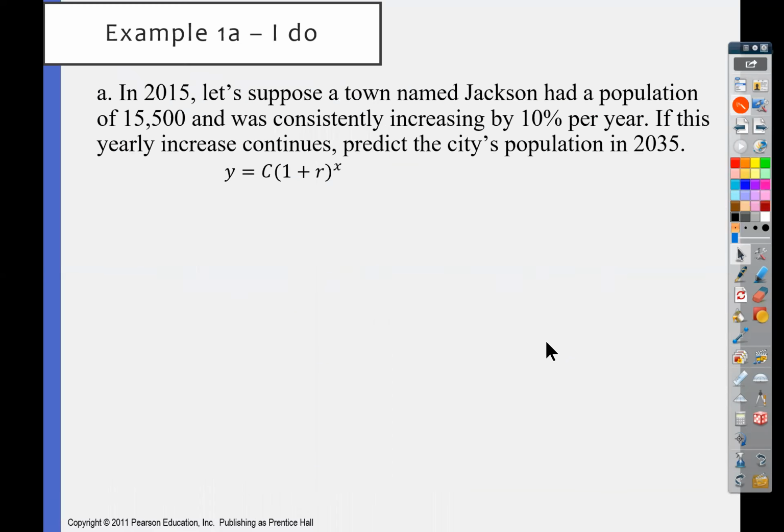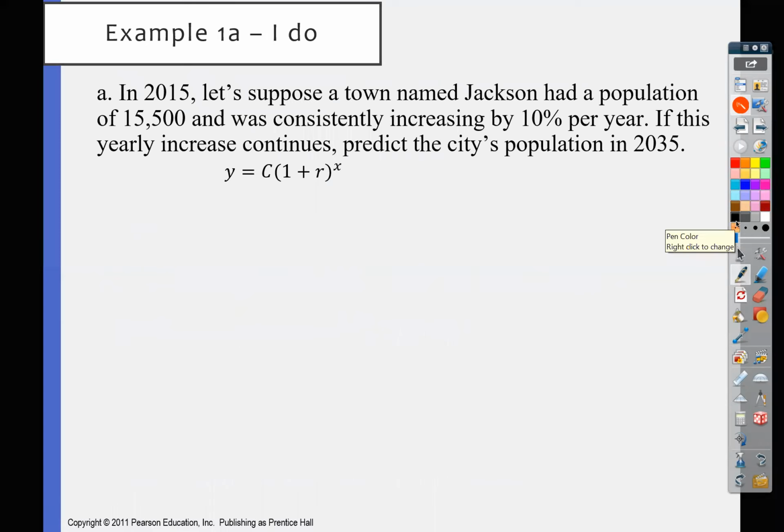In 2015, let's suppose a town named Jackson had a population of 15,500 and was consistently increasing by 10% a year. If this yearly increase continues, predict the city's population in 2035. Well, okay. So we're going to plug in what we know. We're predicting what it will have.